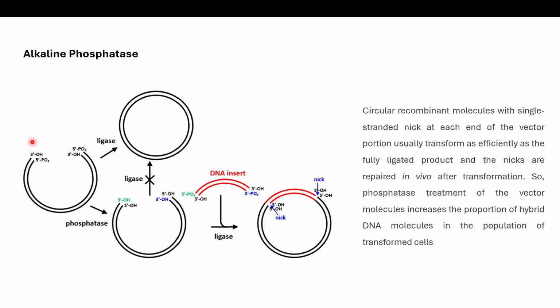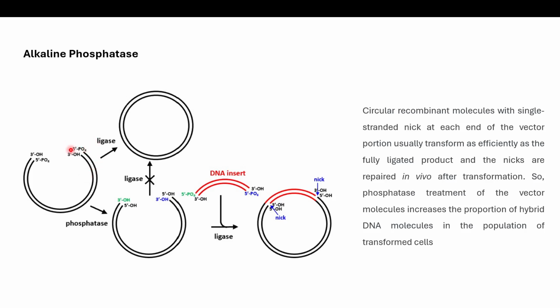See, if we have introduced this cut, this vector can fully ligate with itself, without the insert DNA, without the genetic sequence of our interest. This whole black sequence can get into the cells without at all serving our purpose.